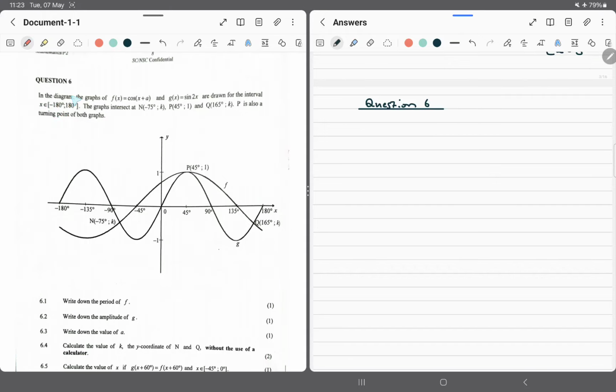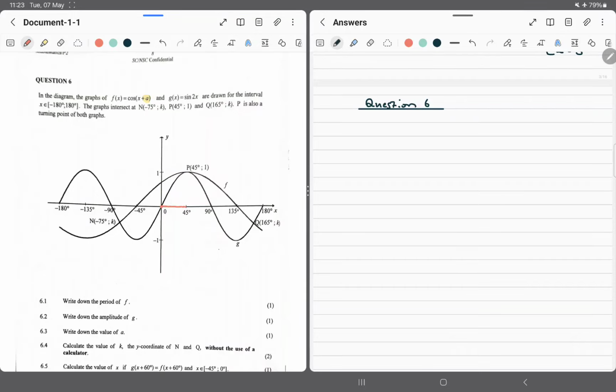Now, we're told in the diagram, the graphs of f of x equals cos of x plus a. So we can see this is a horizontal shift of a cosine function. The amplitude is 1. So that means the maximum and minimum are going to be 1 and minus 1. So there is the maximum, there is the minimum for our function f. But now if we look at this graph, the maximum was meant to be at 0, meaning 0 was supposed to give us 1.